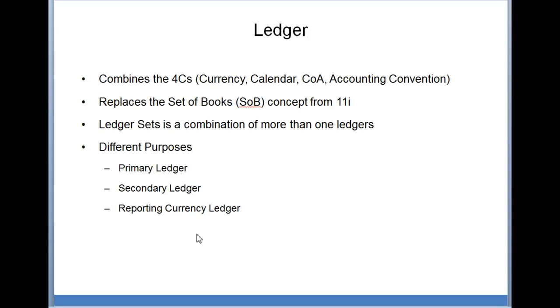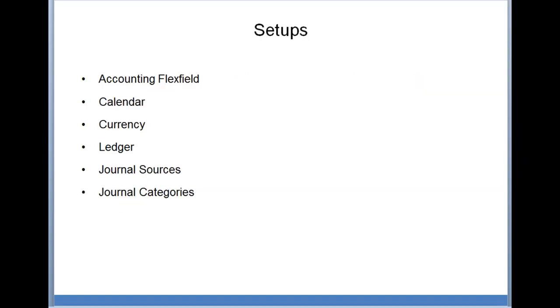With this sort of introductory concepts, we'd like to go to the next step of our tutorial, which is the setups, and this is where we would do some hands-on system transactions and system setups to get more familiarity around the Oracle GL module.